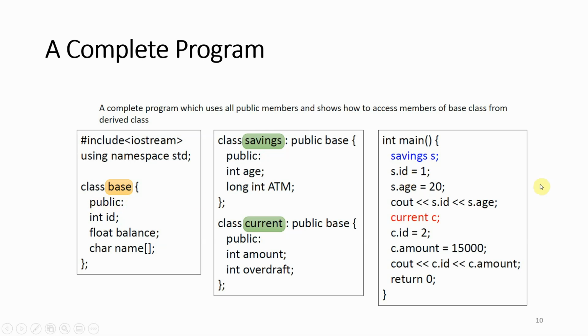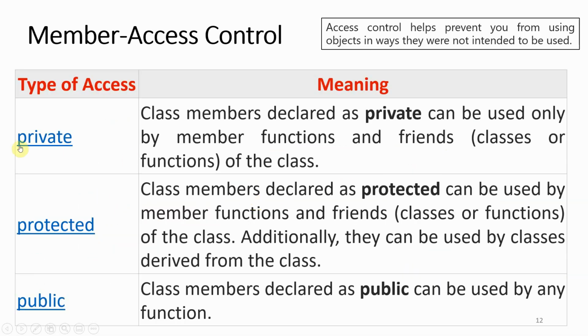That's why I defined it as public, so that we don't have to talk about it in the beginning of the topic of inheritance. If this was private, this would have given us an error, because it would say that ID is not accessible by an object of class savings. If we wanted to have access to ID of S, we would need getters and setters, or accessors and mutators. So that's one thing I wanted to emphasize. Private is always private, right? Even for the children.